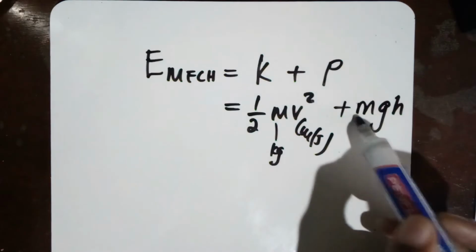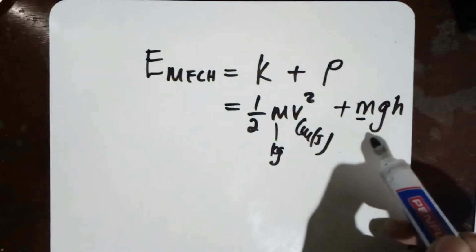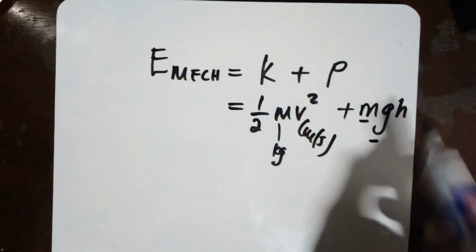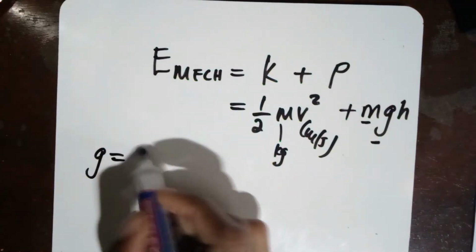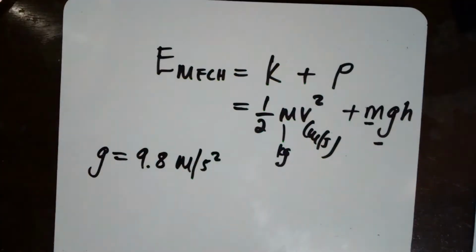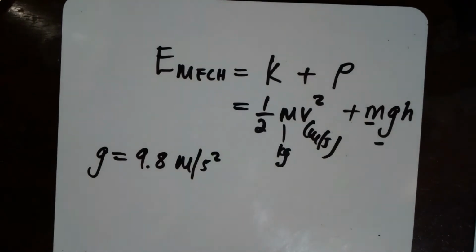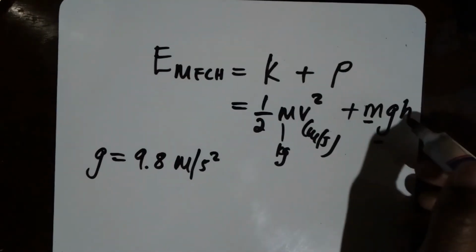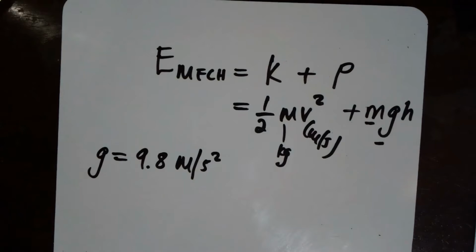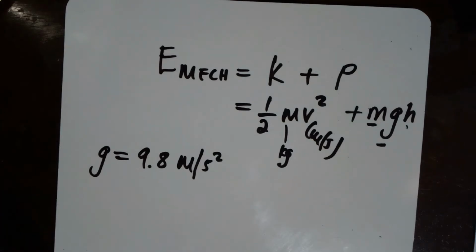So m is the mass of the object in question, and g is the gravitational acceleration. You already know this value. Remember, that value is equal to 9.8 meters per second squared. So these are some of the information that you are familiar with. And now h is the height. So when we talk about potential energy, you realize that we often talk about the height. The height will be measured in meters.